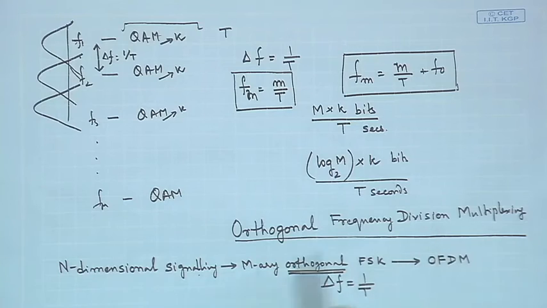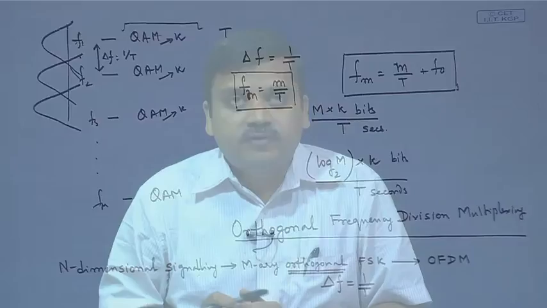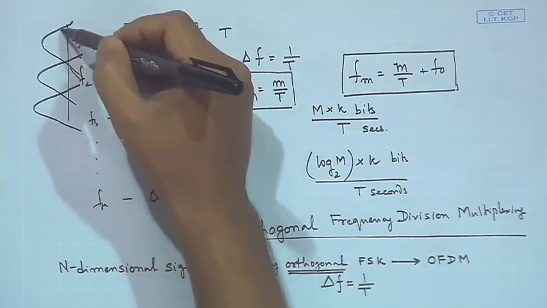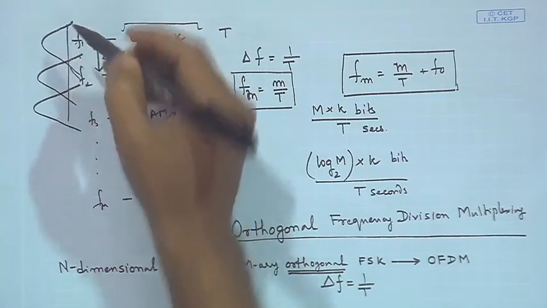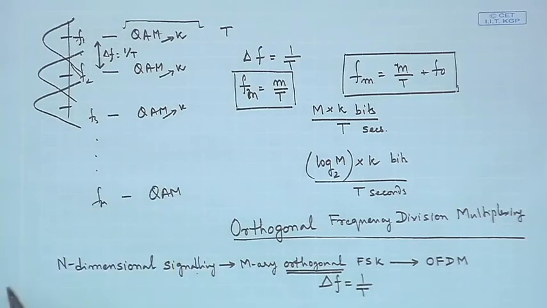Why did we extend our discussion to OFDM? The reason is OFDM is very efficient because of the frequency packing that we have briefly described over here. More details will require many more lectures, so we would like to avoid that over here. Since we are doing orthogonal, we are doing the closest packing possible, 1 upon T, and by means of this you are saving a lot of bandwidth, and that is one reason why this has been used in many wireline modems to provide very high spectral efficiency, many bits per second per hertz.